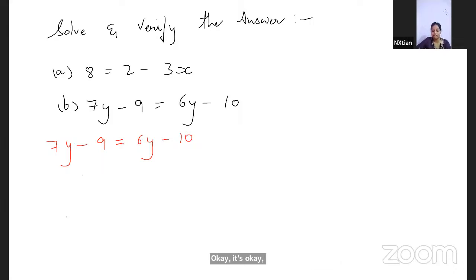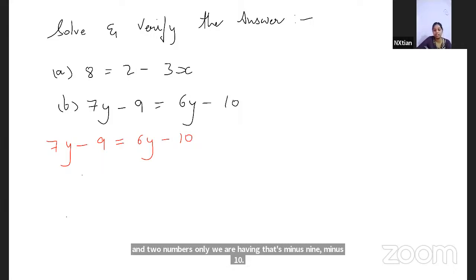We will see it. Now, 7y and 6y, two terms we are having, those are variables. And two numbers only, minus 9 and minus 10. So, like Anaya said, variables on one side, numbers on the other side.